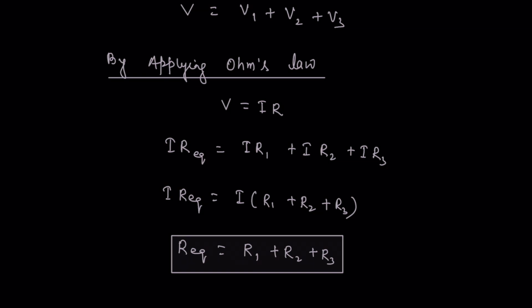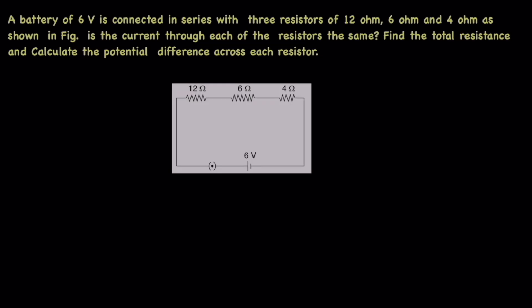Now we will see one question based on this logic. As you see in this question, a battery of 6 volt is connected in series with 3 different resistors of 12 ohm, 6 ohm, 4 ohm as shown in the figure. Current is the same in each resistor. We have to find the total resistance and calculate the potential difference across each resistor. So according to the question, voltage is given as 6 volt, which is the total voltage.